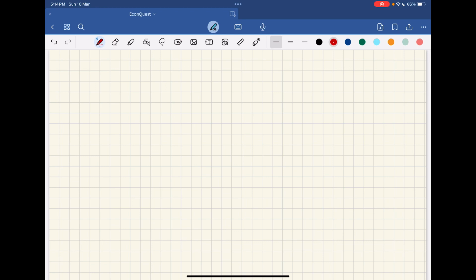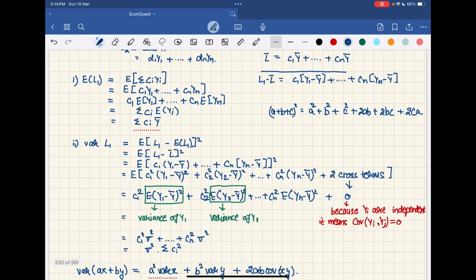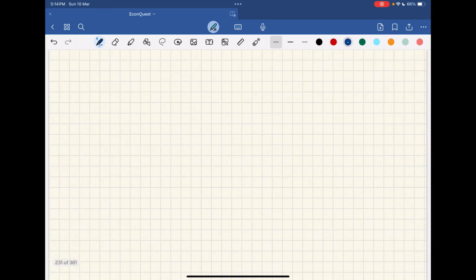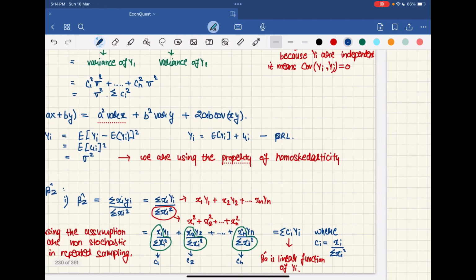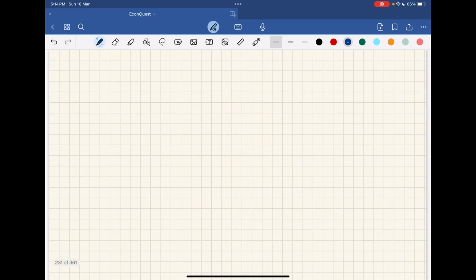Now let's have a look at the variance of beta 2. Now, since beta 2 hat is equal to summation of ci yi, right?